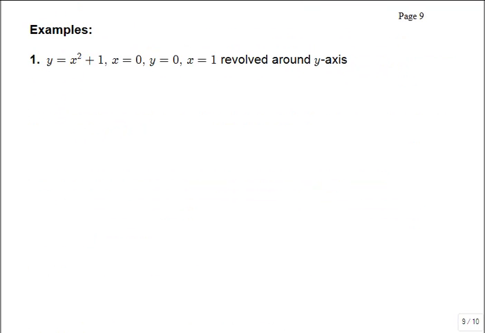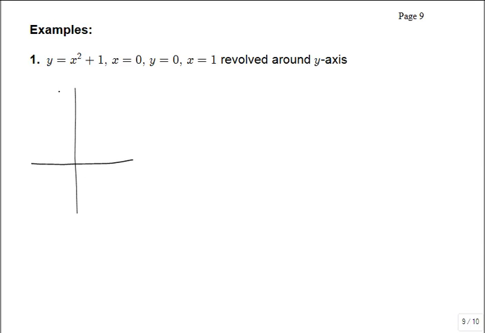So a couple of examples here to showcase these differences. Suppose that I have y equals x squared plus 1, x equals 0, y equals 0, and x equals 1 revolved around the y-axis. So this was exactly that very first integral that we did at the beginning of this video.